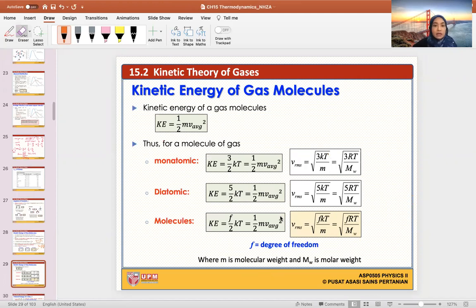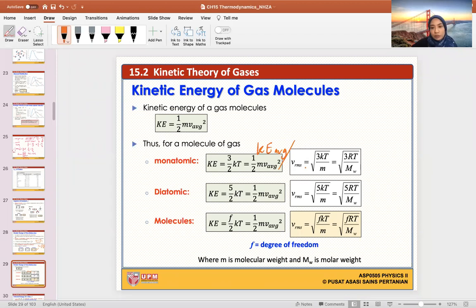Okay, so to summarize kinetic energy of gas molecules, we have KE equals 3 over 2 kT, which is just the average kinetic energy. This is KE average per atom, okay? And KE for diatomic, this is per molecule, is the general equation.